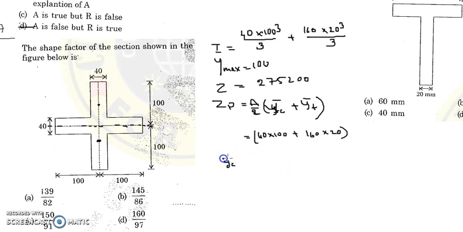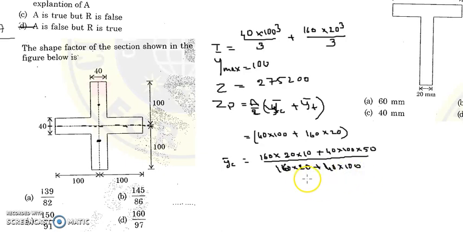So yc bar, how are you going to calculate? So it is 160 multiplied by 20 multiplied by 10 plus 40 into 100 multiplied by 50, divided by the same thing, 160 into 20 plus 40 into 100. So yc bar plus yt bar, you are going to get something.